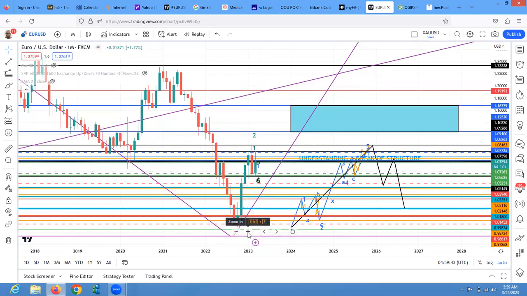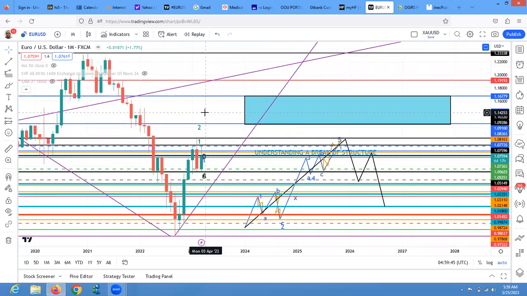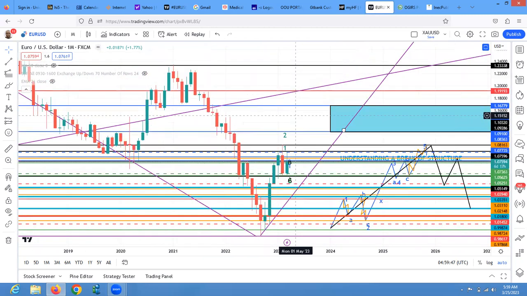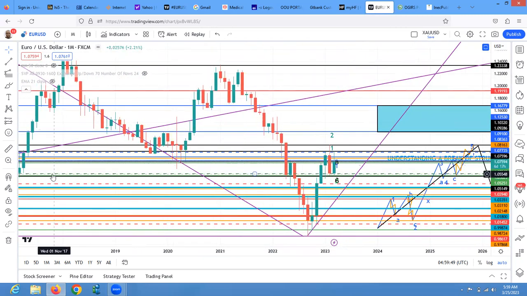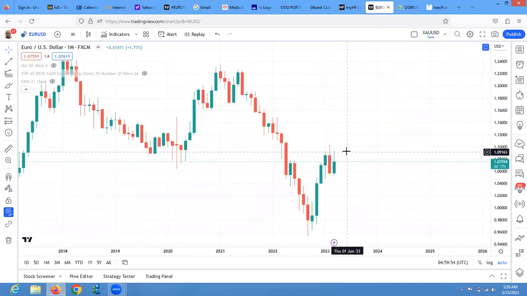So we are trying to take that structure out. If I look against this structure here, it has even taken out this structure. This has taken out that structure by a small pip.